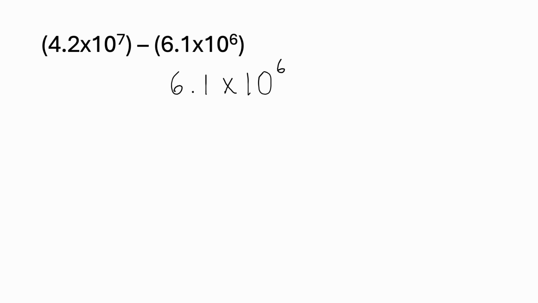If you want to turn that to the power of 7, that means that our 6.1 will have to turn into 0.61, essentially. So 0.61 times 10 to the power of 7. And then I add that one back in.